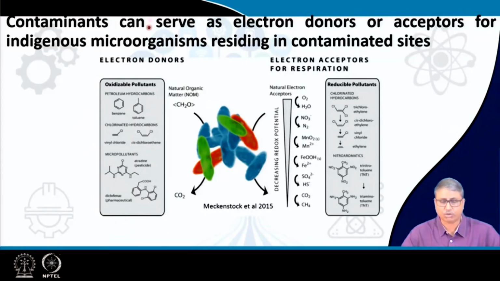Wherever oxidation-based biodegradation is happening, the oxidizable pollutants are utilized as a source of electrons, and the electrons are transferred to an electron acceptor. Under aerobic conditions, oxygen is the electron acceptor. Under anaerobic conditions, different other electron acceptors play a role.